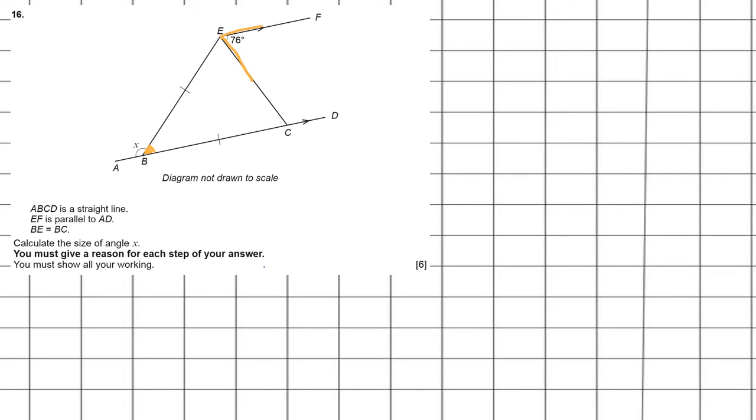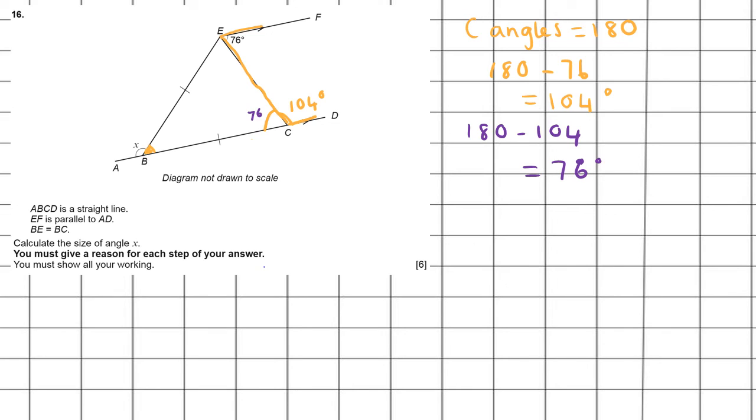So, parallel lines, I can see that we have a C angle here. C angles equal 180 degrees. So 180 take away 76 gives us 104 degrees. So I know that's 104. Okay, straight line again. Therefore, rule for straight line, 180 take away 104 gives us 76.